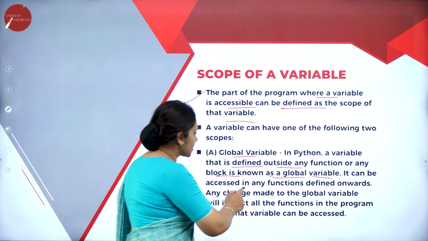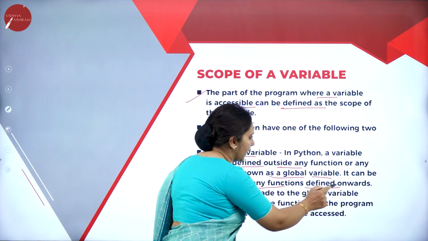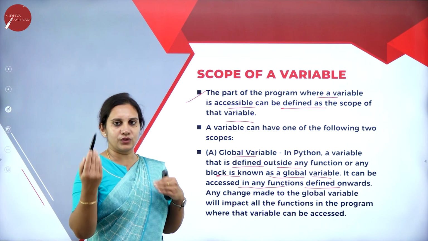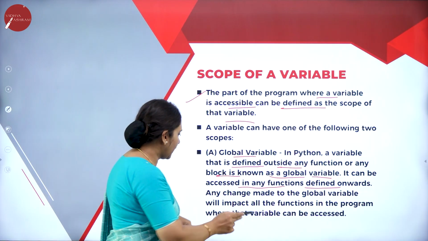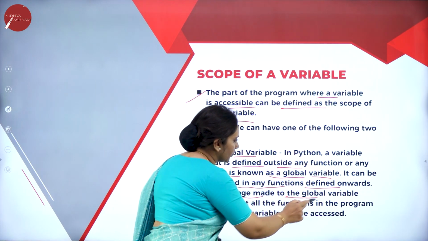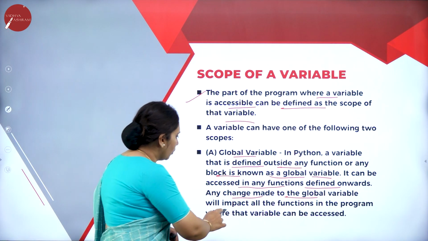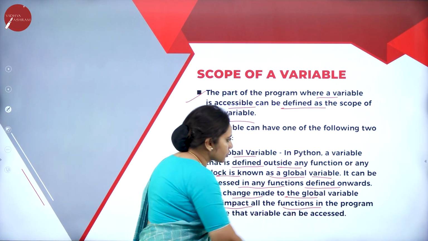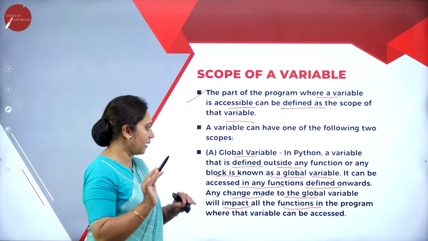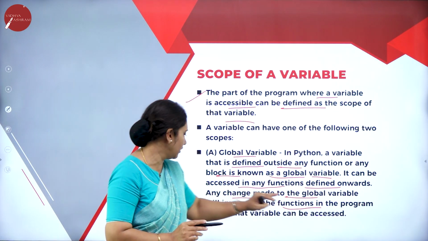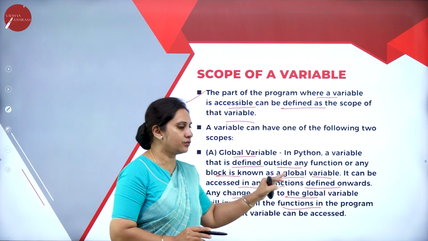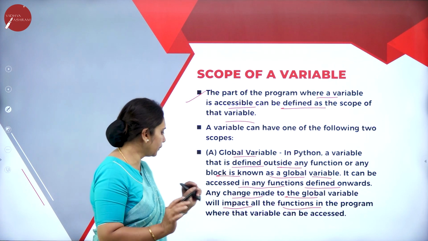It can be accessed in any functions defined onwards. After we define it, it can be accessed globally throughout the program. Any change made to the global variable will impact all the functions in the program.